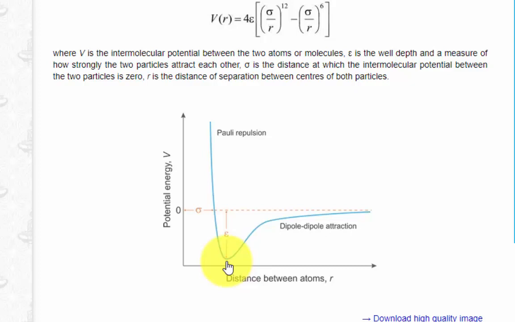So first of all, you have the positively charged nucleus with an attractive interaction with the negatively charged electron cloud of the other atom, and vice versa. But as you bring these atoms together, the electrons now begin to repel. So there's an opposing repulsive force. But the attractive forces are still winning over, up to a point where you reach here, and then you'll see that the repulsion increases.